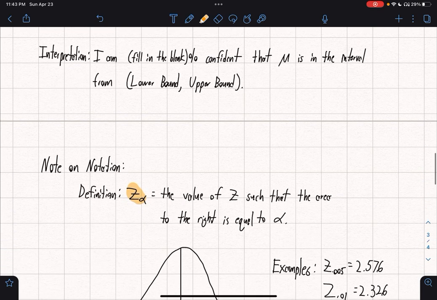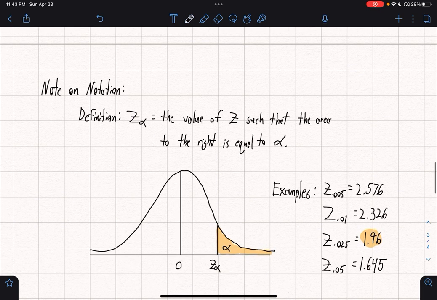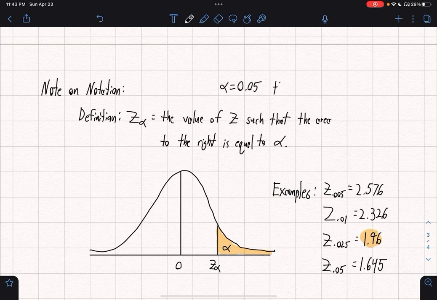So let's say alpha was equal to 0.05, well then we would have 95% confidence. And so we would need alpha over 2, so that would be 0.025, and z 0.025 would be 1.96.